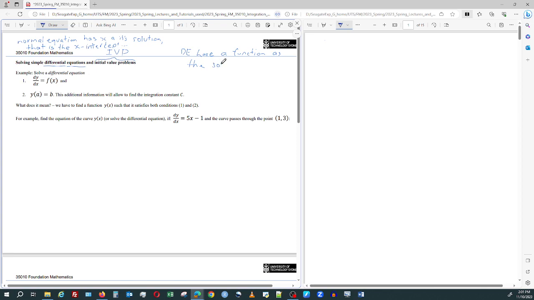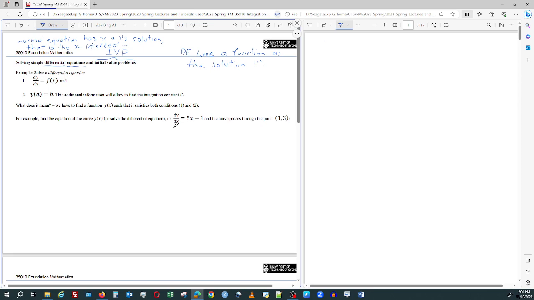We're used to finding a number x which represented the x-intercept. These have a whole function. So there's some function that represents the solution. That's a very important distinction.